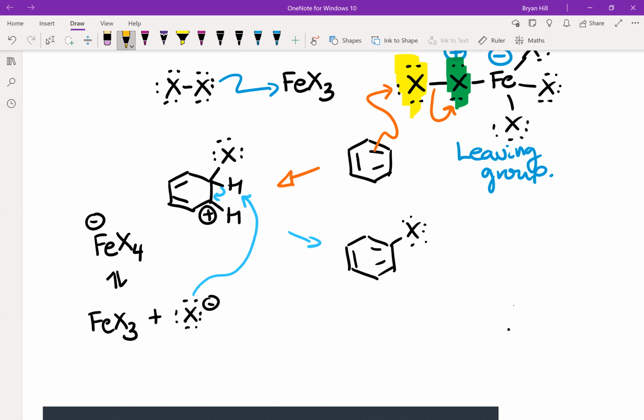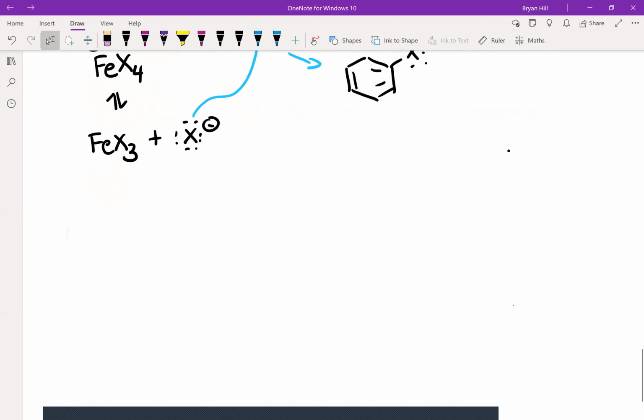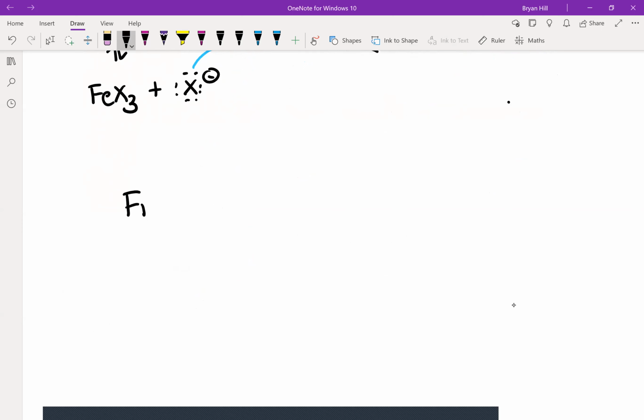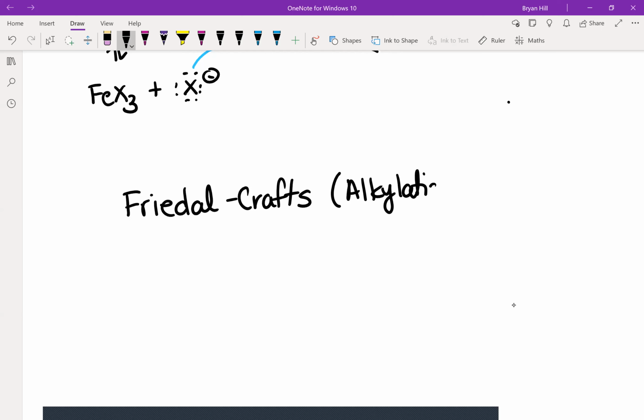Okay, then we will talk about the Friedel-Crafts reactions. So there's basically the alkylation and the acylation.